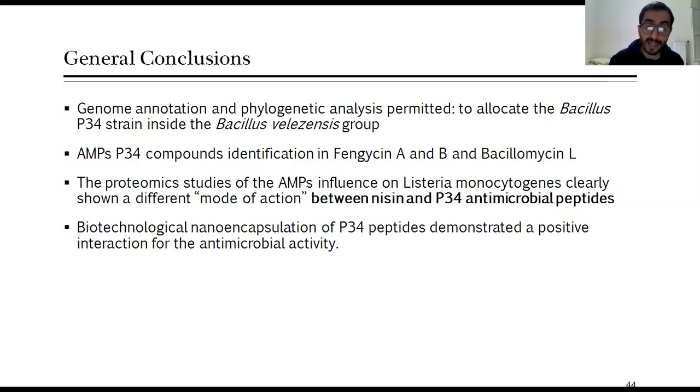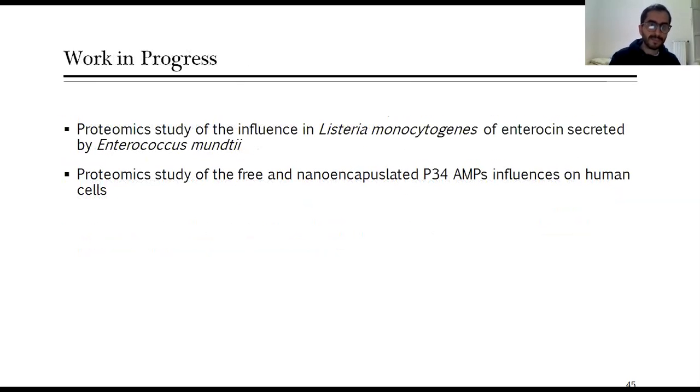The proteomic study permitted us to define a different response of Listeria monocytogenes to the antimicrobial peptides, specifically the P34 antimicrobial peptide and then the commercial one, nisin. The biotechnological nanoencapsulation of the P34 peptide demonstrated a positive interaction for the antimicrobial activity.